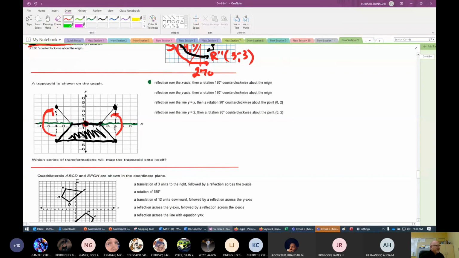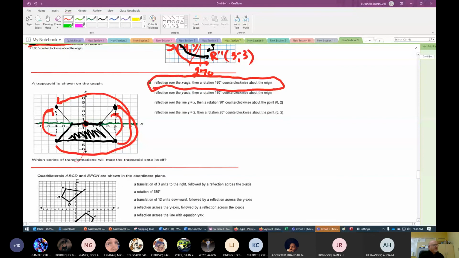And look, it maps back onto itself. This would go 2 quadrants over to there. This would go 2 quadrants over to there. So that is my answer right there. That's the first one.